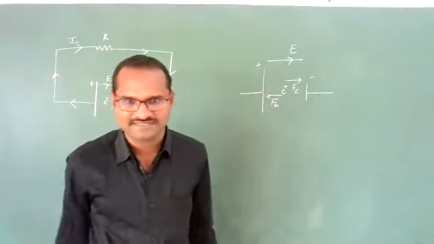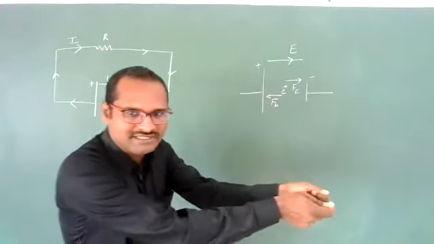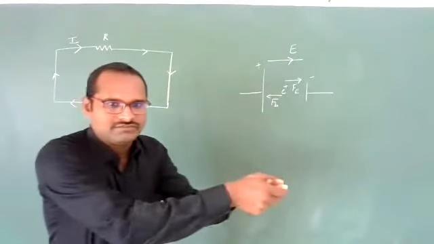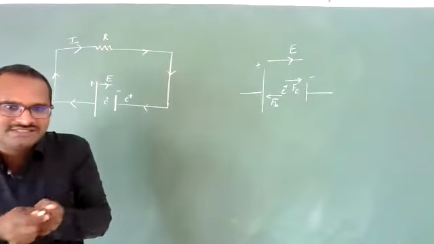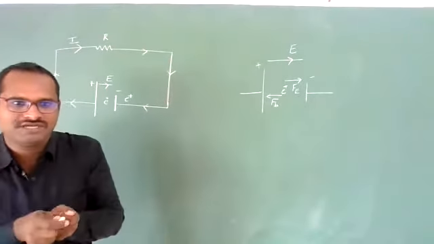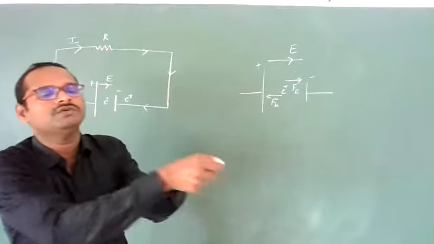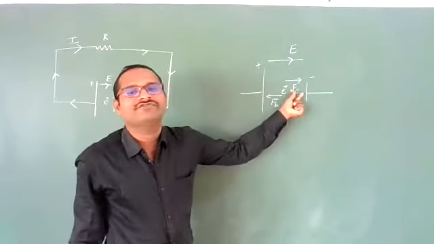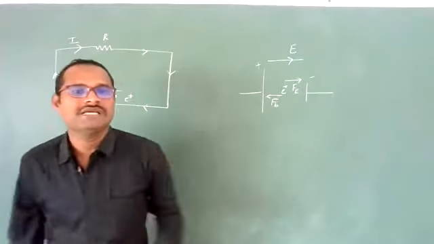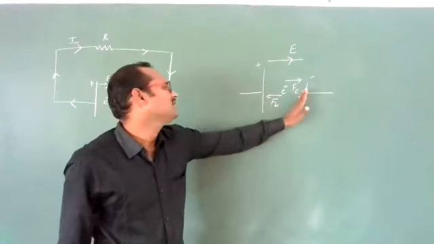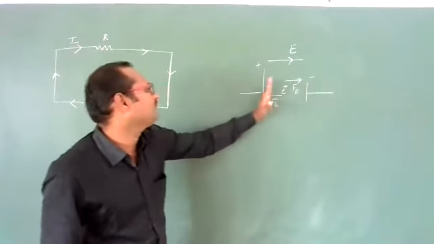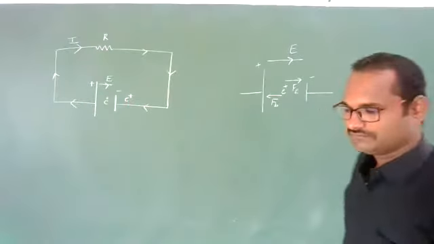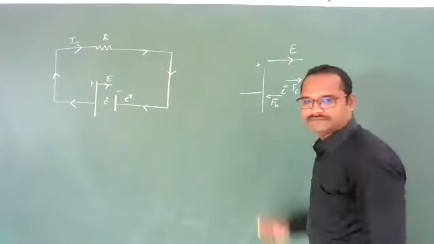You imagine like this: the battery is exerting some force on that positive charge, giving it strength to cross this barrier, to cross this potential difference, from the negative terminal to the positive terminal, to overcome this electric force. With this force, this positive charge is moving from the negative terminal to the positive terminal. Means some work has to be done. By whom? By the battery.